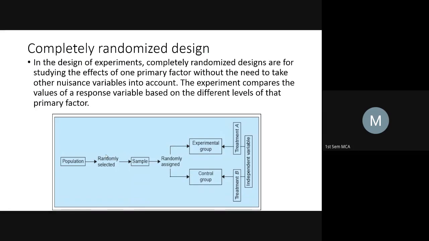Now, one resource person R1 will train the experimental group students, and another resource person R2 will train the control group students. I also call it treatment A and treatment B separately. Treatment A is resource person 1, treatment B is resource person 2.